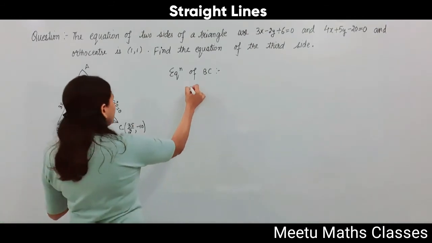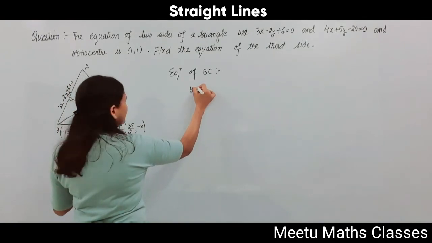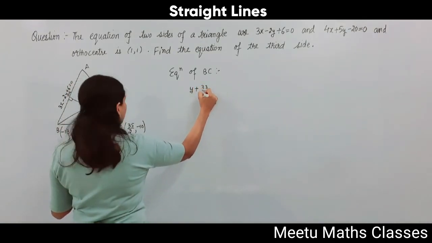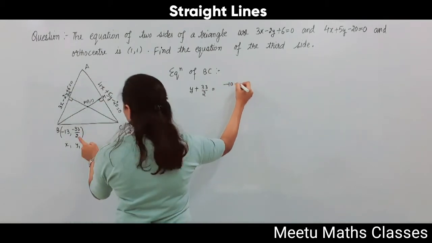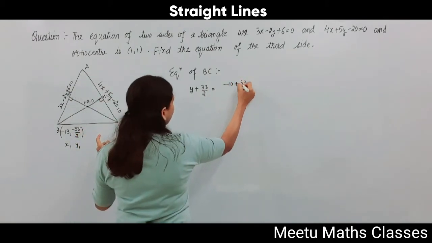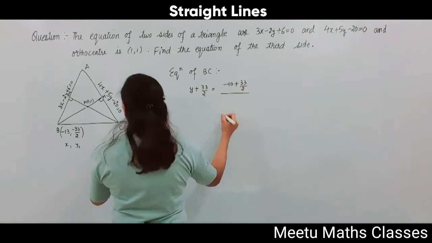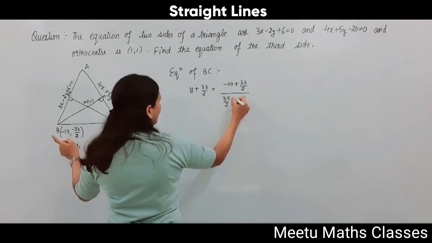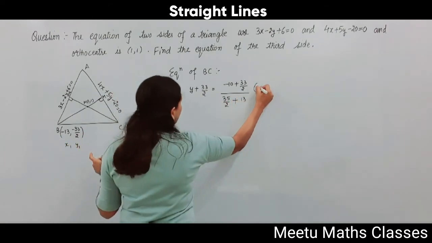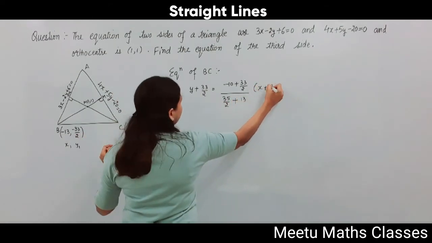So the equation is y minus y1 equals (y2 minus y1) upon (x2 minus x1) into (x minus x1).